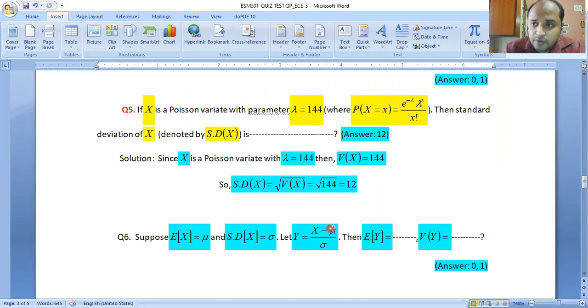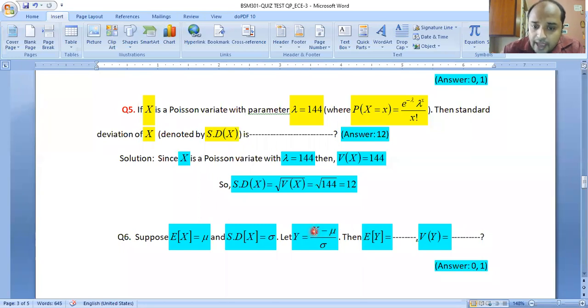So here x and mu are independent. One is a constant, another is a random variable. So variance of x minus mu will be variance of x plus variance of mu, not variance of x minus variance of mu. That is wrong. And variance of mu means variance of some constant quantity. Constant quantities don't vary. There is no variation for a constant quantity. So variance of mu will be 0.